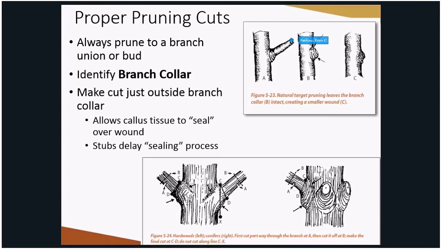If we had a cut like this where the stub was left, that's going to actually delay this process of sealing over, because all of this callus tissue would have to grow all the way out and around and encase this stub before it could block all entry from rot on this particular tree.